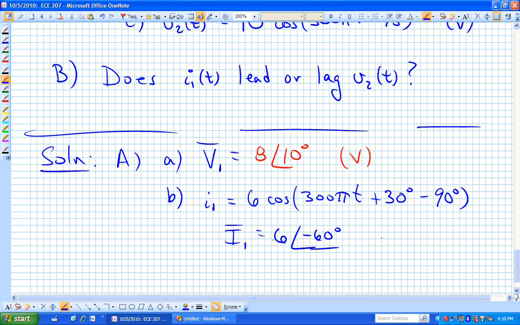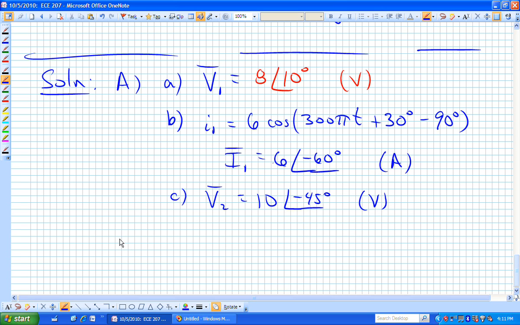That one we can compare with V sub 2 as a phasor in terms of its cosine. V sub 2 is 10 at an angle of minus 45 degrees, in volts.